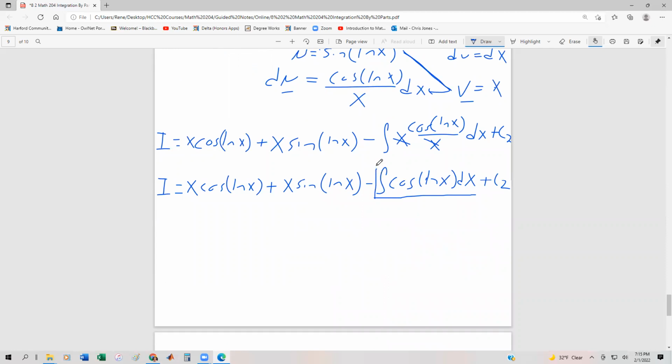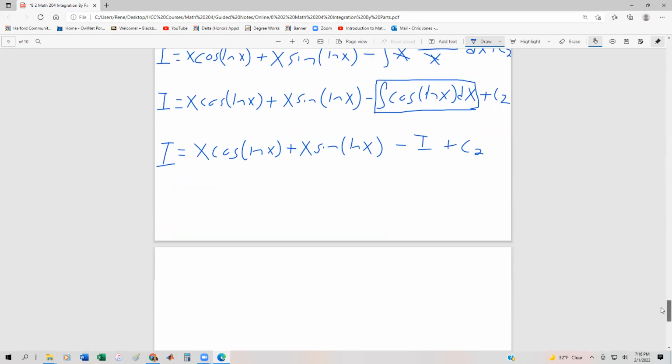So this right here is our I. And so we're going to write this as I equals x cos ln x plus x sine ln x minus I plus C2. In fact, we could just call it C if we wanted to, but we're almost done. We're going to add I to the other side. It's going to be an algebraic equation.